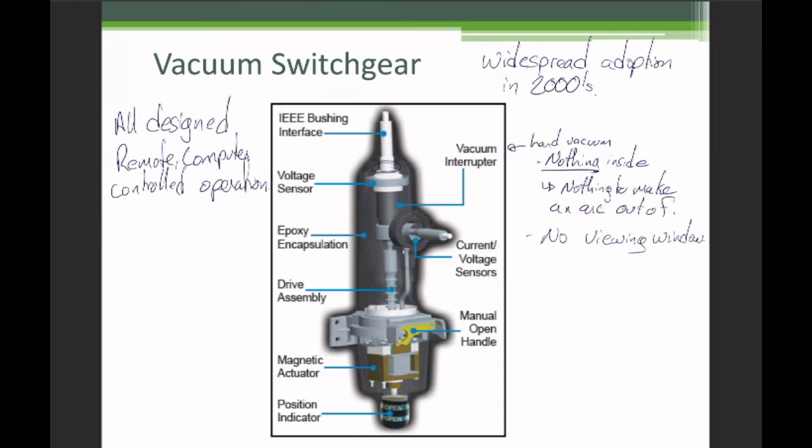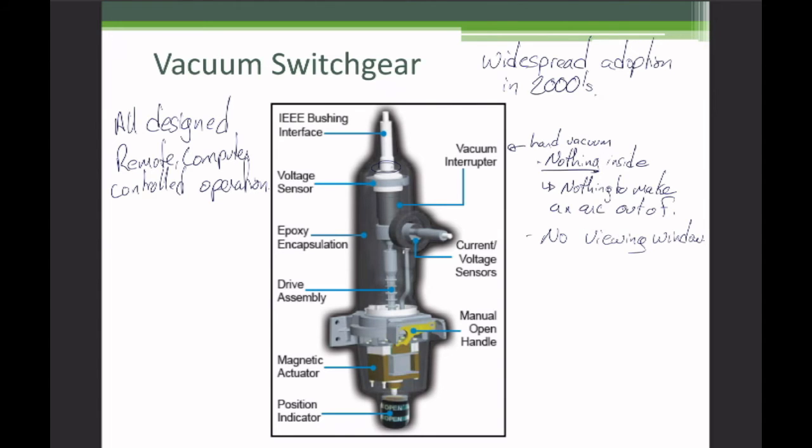These were the first set of equipment that was designed from their inception around the idea that computers would be helping us operate our system, and that the primary way that we are going to interact with this switchgear is through a computer interface and a push button rather than a manual handle.